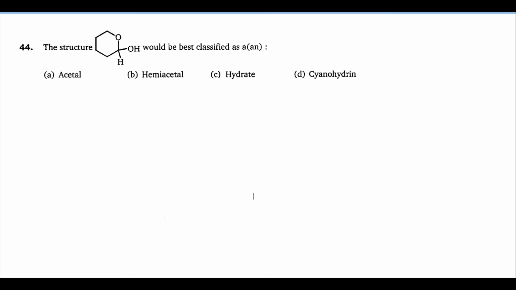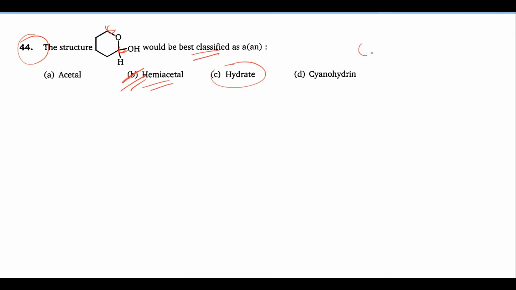Very simple, very easy to identify. So for question 44, option B is the correct answer. This is a hemiacetal, with the C-O-C linkage. So best classified, it is a hemiacetal, not a hydrate.